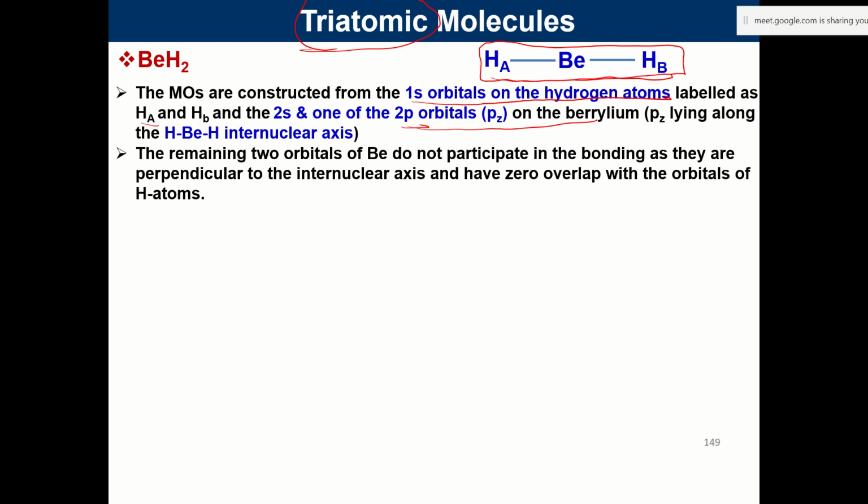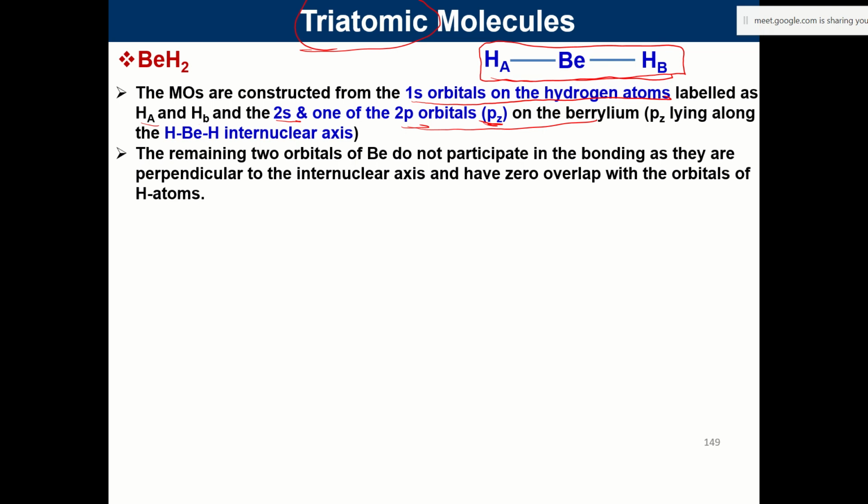So you have 2s orbitals and 2pz on beryllium that will take part. The other two don't have suitable symmetry to overlap with the 2s or 1s orbital on hydrogen.